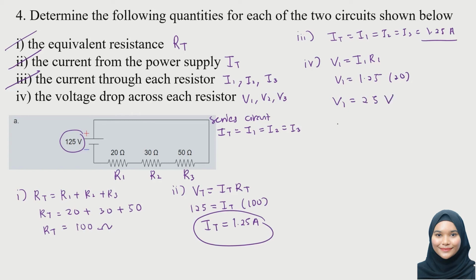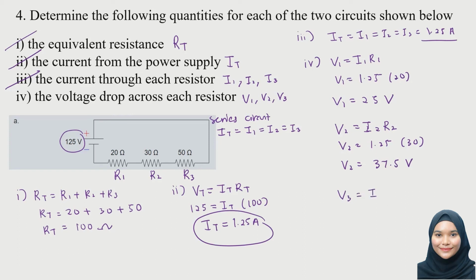Okay, next one, the voltage across resistor 2. We know the current that flows through resistor 2 and we know its resistance. The current is 1.25 and resistor 2 is 30 ohm, and we will get an answer of 37.5 volt. Alright, now the voltage across resistor 3.